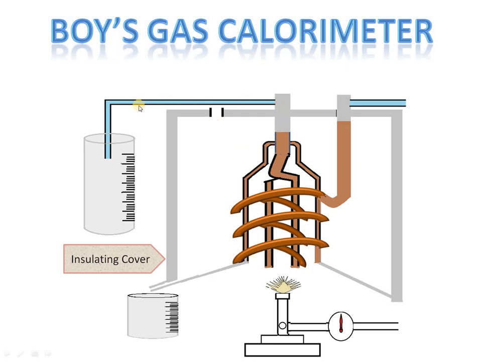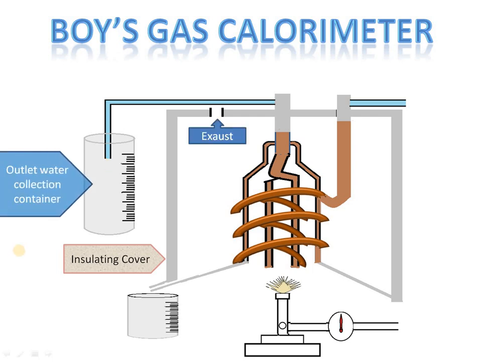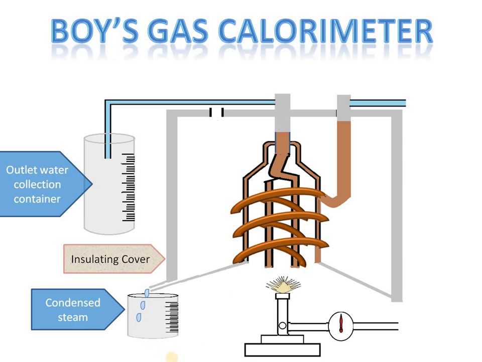The outlet from the copper coiling is given out into a container which will collect the water, and it will be measured in order to calculate the GCV of the given fuel. The insulating chamber is also provided with another outlet at the bottom. This outlet will be used to collect the condensed steam which is produced during the combustion of the fuel.